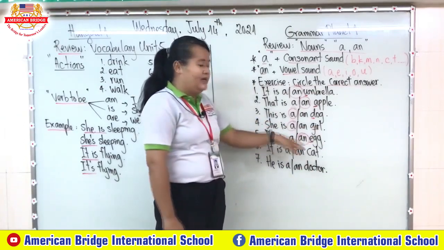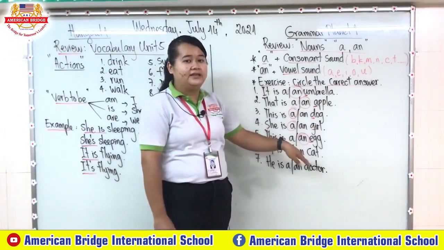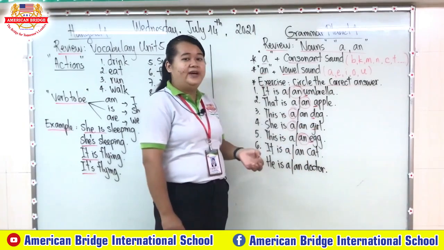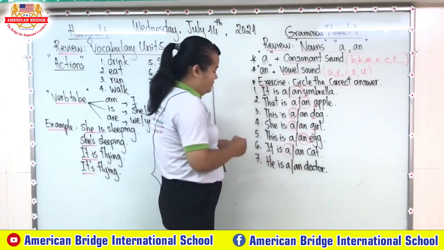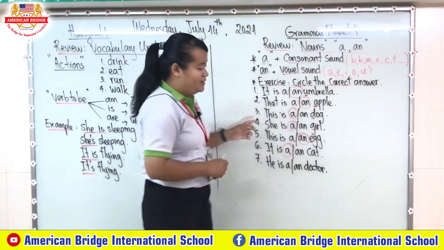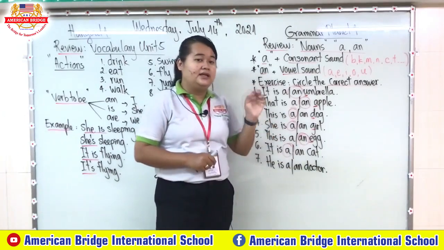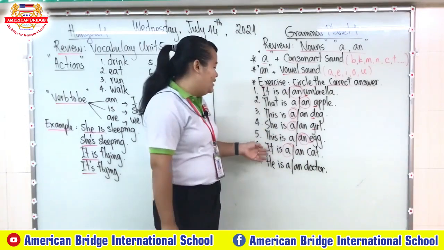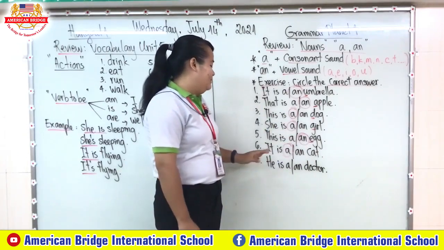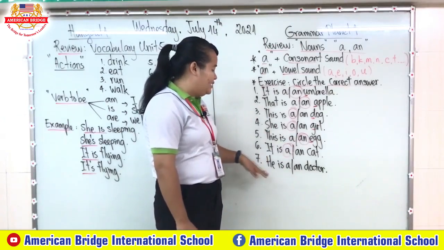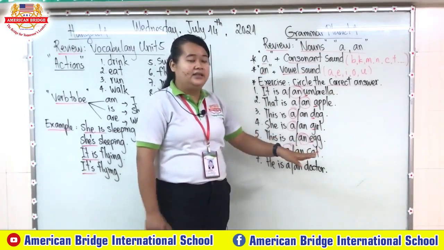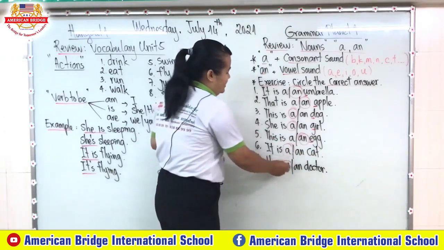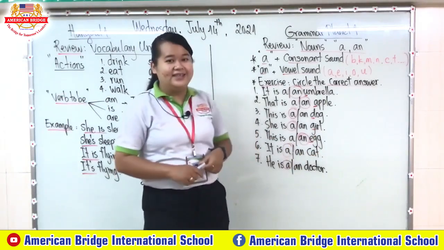It is a cat or it is an cat. Which one, everyone? Good. By your understanding, we need to use a because capital letter C is a consonant, right? Okay, so it is a cat. Number 7 is the last sentence. He is a doctor or he is an doctor. Good. So the correct one is he is a doctor, right?